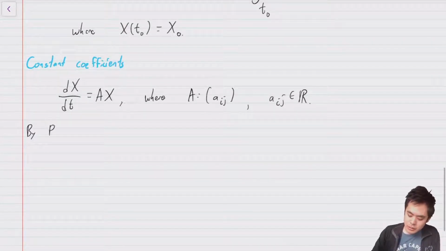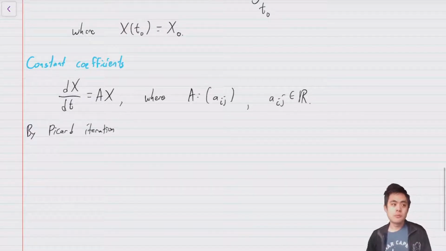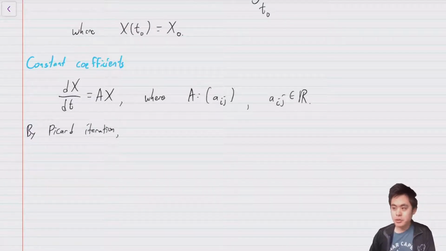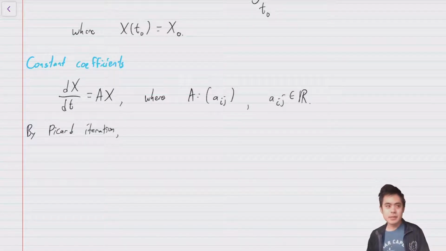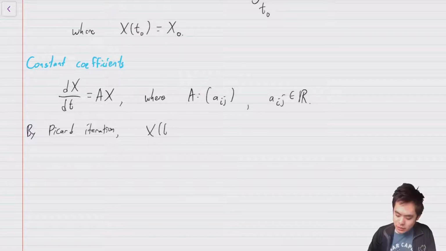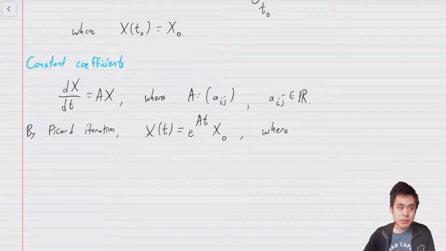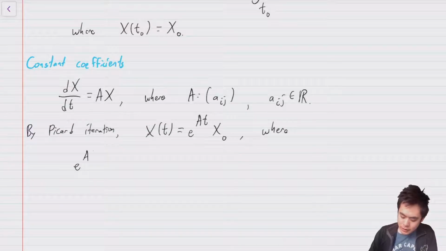So by Picard iteration, and using things like the Picard fixed point theorem, which we're not going to discuss in this course, we can find that x of t is equal to e to the At x naught, where we're defining the matrix exponential by the Taylor series.